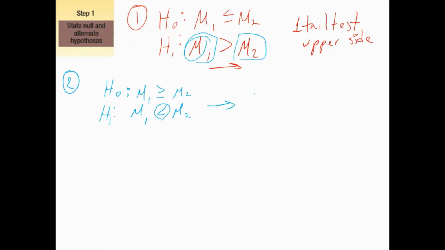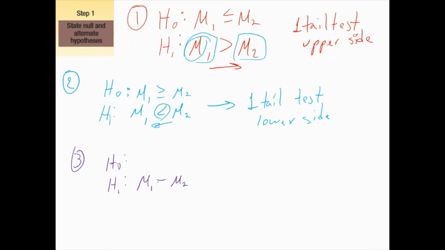This is also a one-tail test, and less than will be the lower side. Now, the third case is when we have an H0 and an H1 where the means of the two populations are equal and not equal to one another. This case is a two-tailed test.